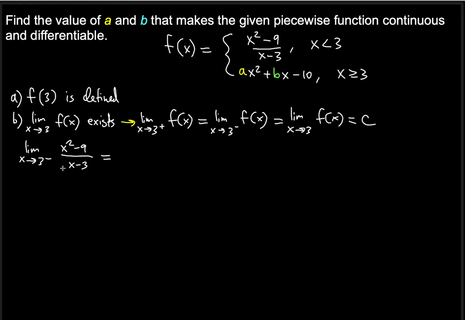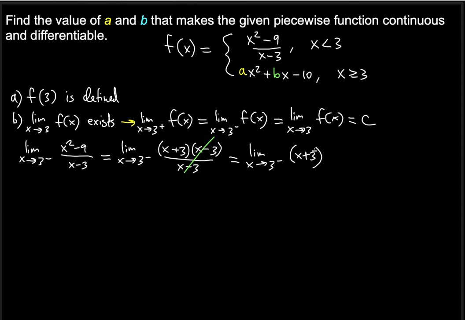Even though you cannot put in 3, you can rewrite the numerator by factoring x squared minus 9 as x plus 3 times x minus 3, divided by x minus 3. The x minus 3 cancels out, the troublesome denominator is gone, and as a result you have the limit as x approaches 3 from the left of just x plus 3.